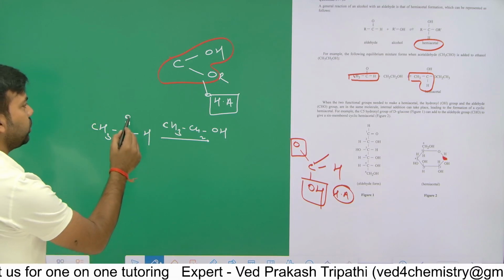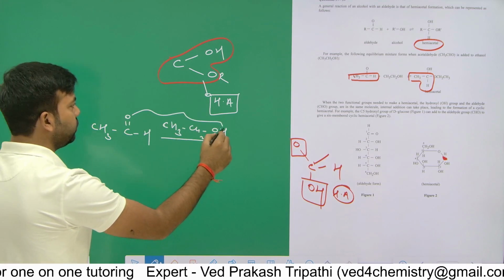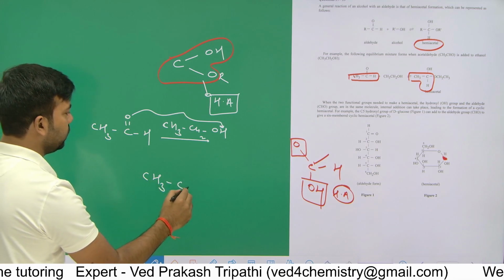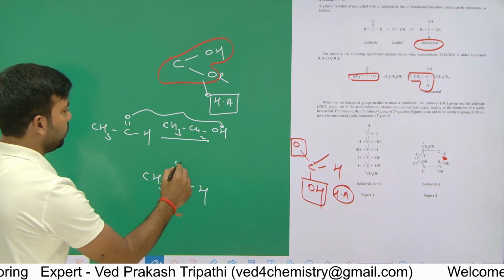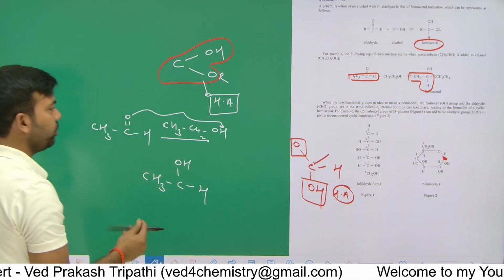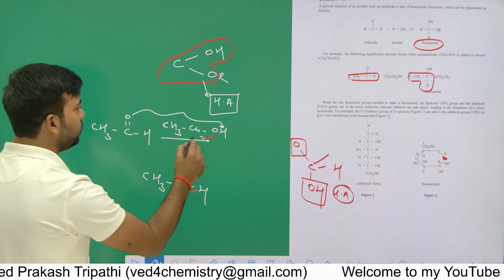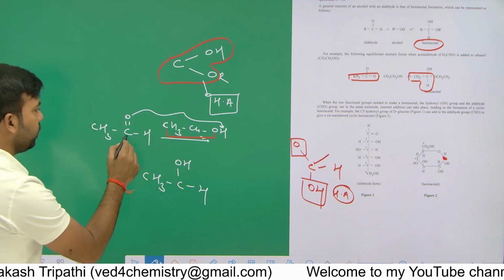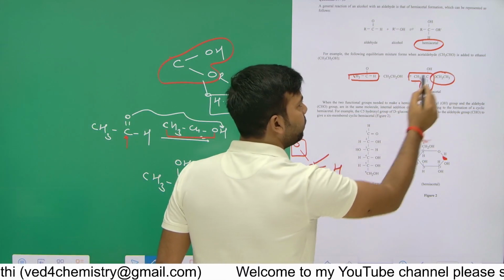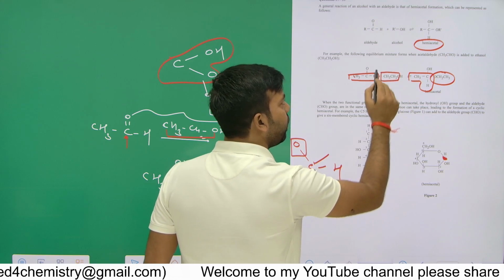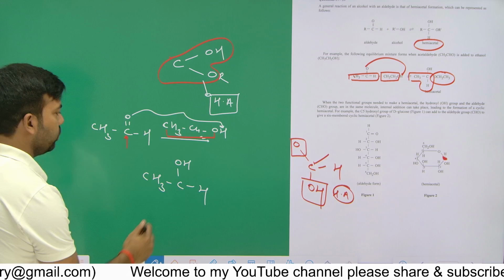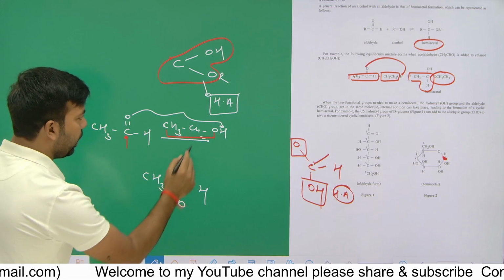You can see this oxygen grabs this hydrogen and it further becomes OH. You can see CH3CH, this is OH. And the rest of the alcohol, with this 2 carbon chain, bonded to this carbon, you can see this carbon has OCH2CH3. So we connect oxygen and how many carbons? 2.